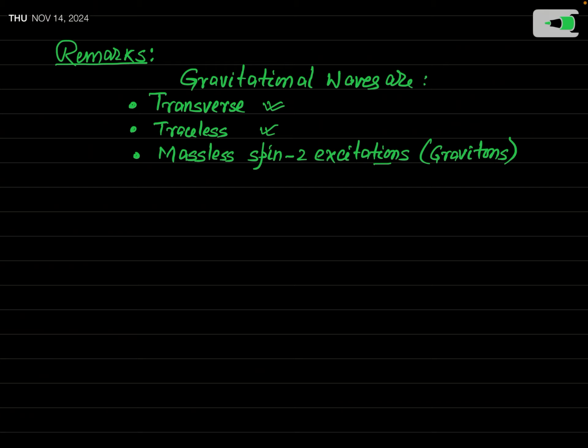You know, a photon has spin 1, but gravitons have spin 2 and 2 polarization states also. So gravitons are massless particles having spin 2, and these waves are traceless and transverse.